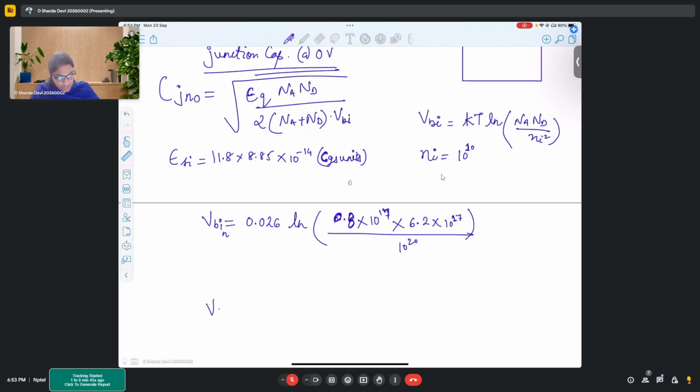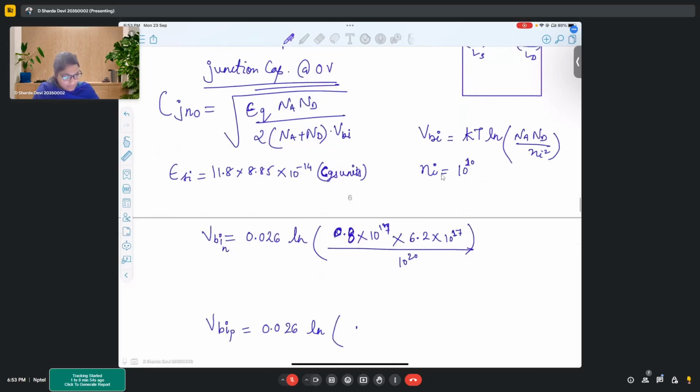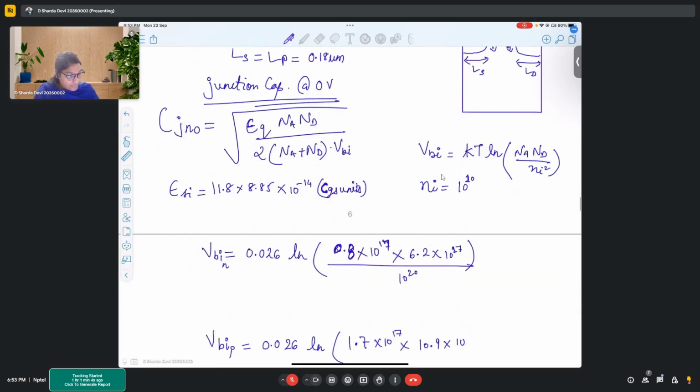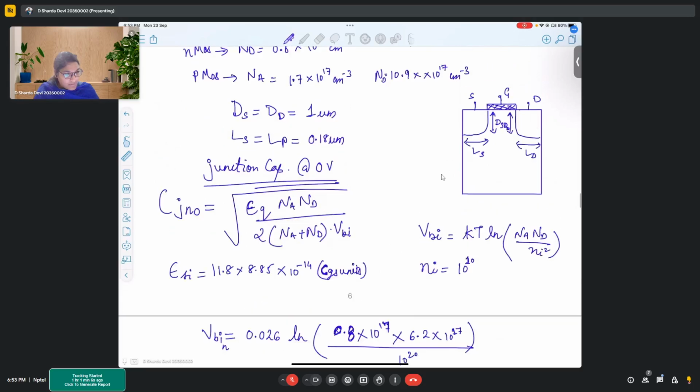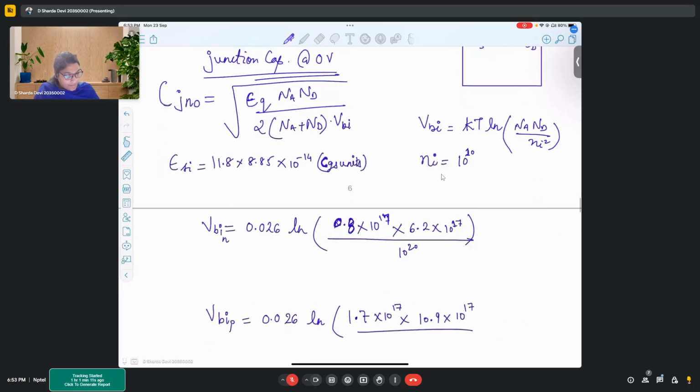Similarly, we will be finding VBIP, that is 0.026 ln of 1.7 into 10 to the power 17 into 10.9 into 10 to the power 17 by 10 to the power 20.